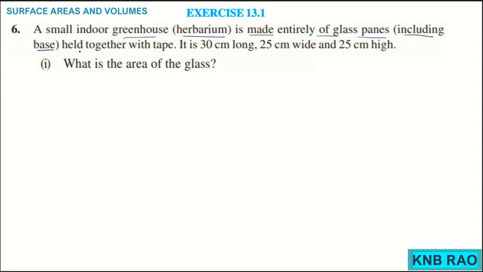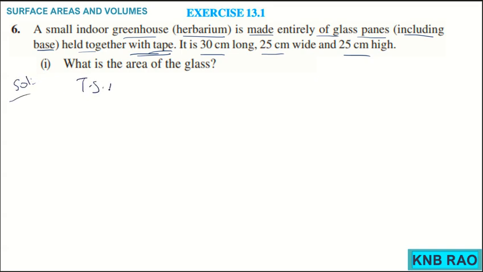That means all 6 surfaces are held together with the help of tape, taped along the edge, so they will be completely held. Here the length is 30 centimeter, 25 centimeter wide, that means breadth we can take, and 25 centimeter height. What is the area of glass? Area of the glass is surely surface area.